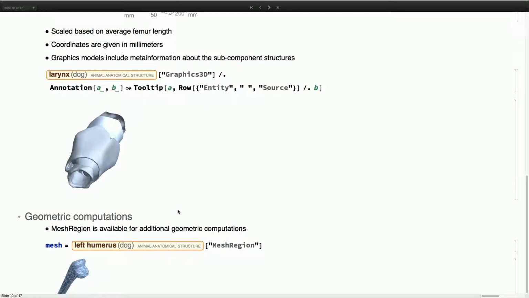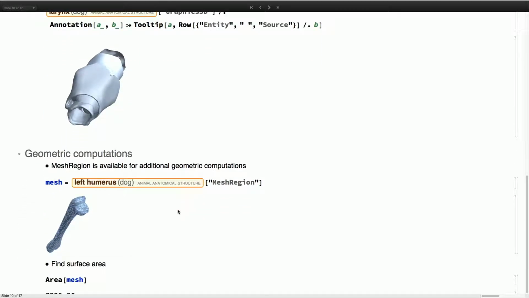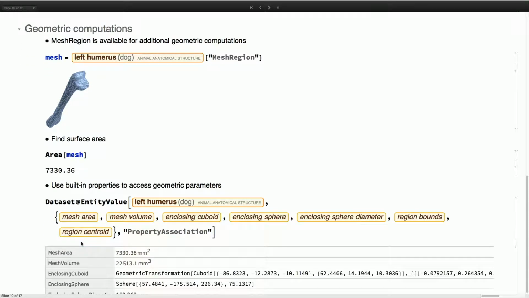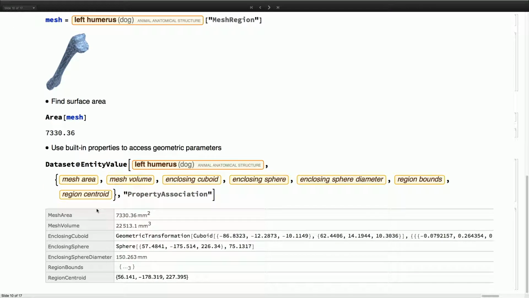It's also noteworthy that we have the capability to do additional geometric computations using mesh regions. A simple example is finding a surface area using the mesh. Also, there are additional built-in properties to access geometric parameters like mesh volume, enclosing cuboid, region centroid, and so on.